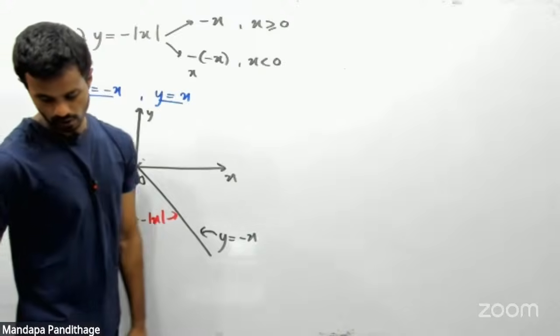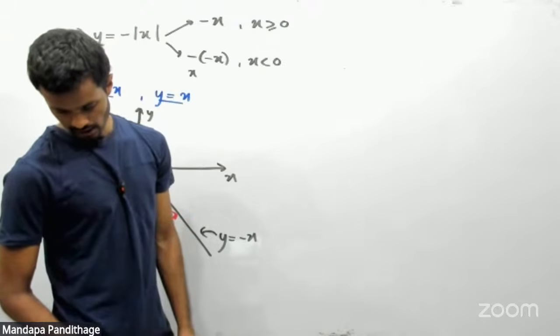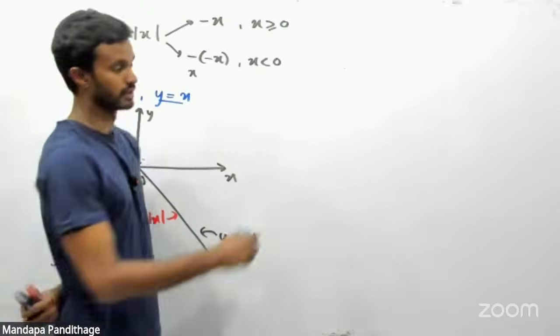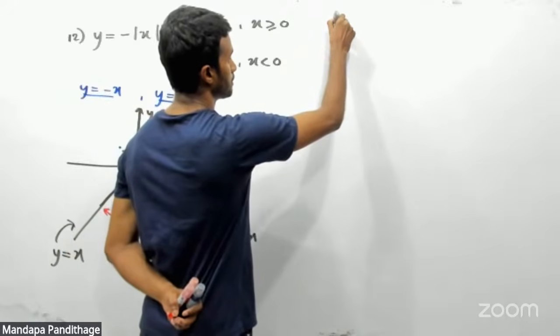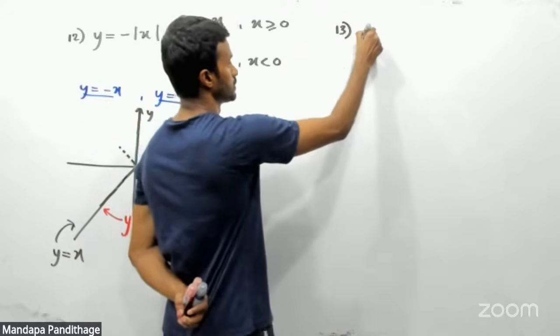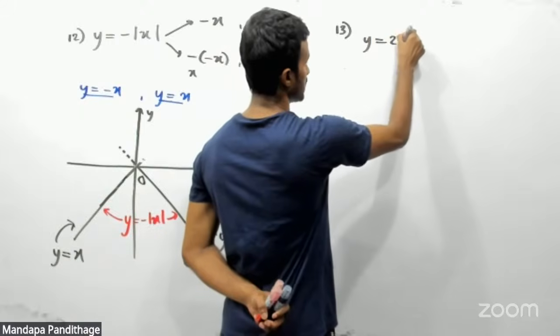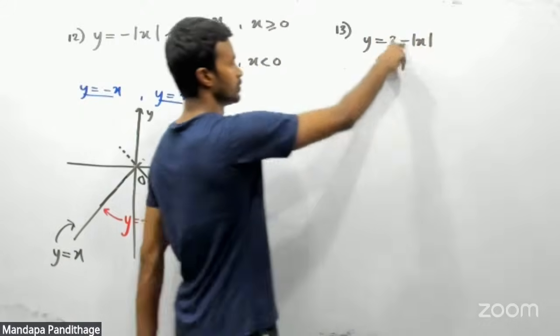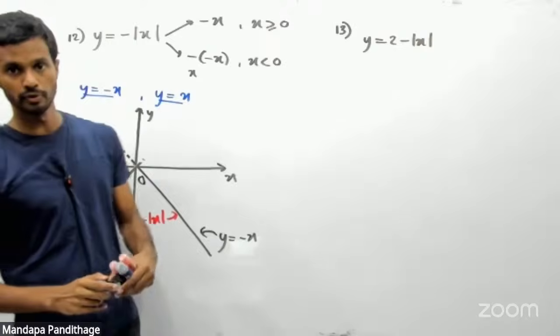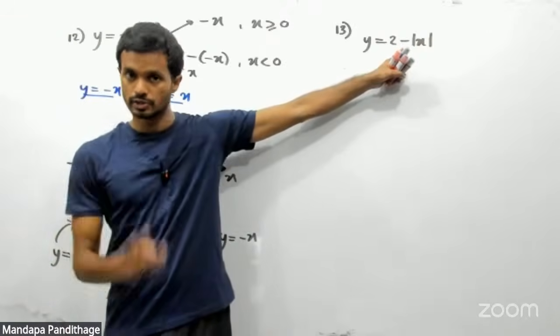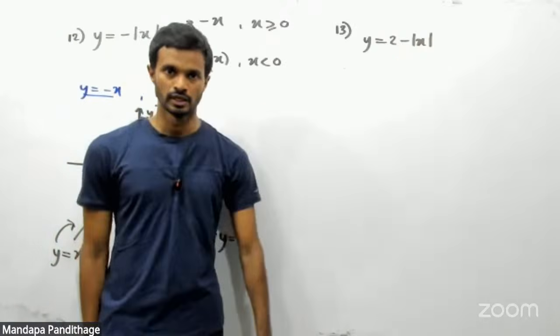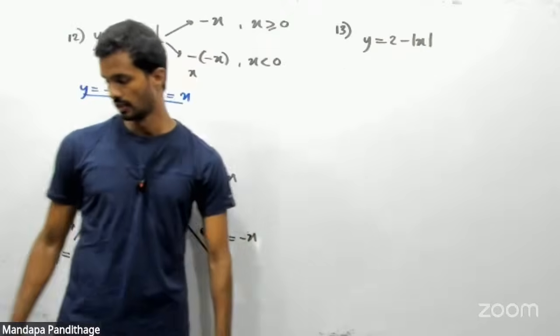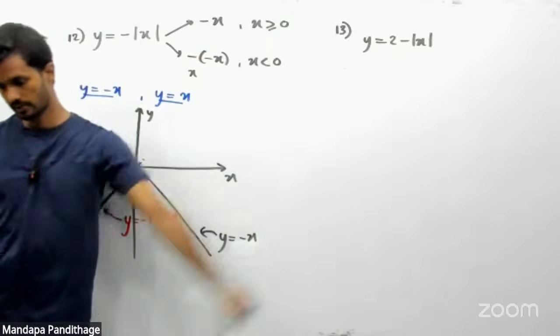Okay, do this and then do question number 13, y equals 2 minus modulus x. So even here, now you know by experience at the beginning of this problem, when you have a minus, you're supposed to get an inverted V. Okay, do this.